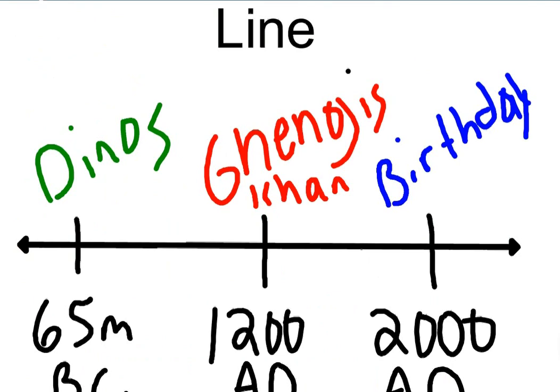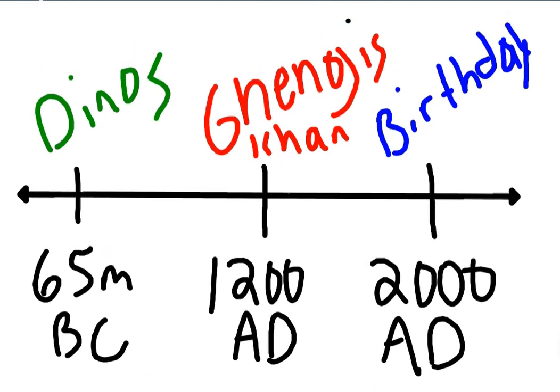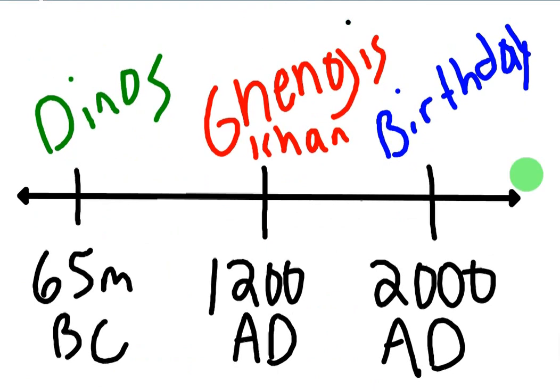Some practical examples I thought of as far as an actual line would be the timeline. I personally don't believe that there really is a beginning to time, and that's just my personal opinion. We say, well, the Big Bang. I'm not arguing that there wasn't a Big Bang, but I've always thought there had to be something before that.